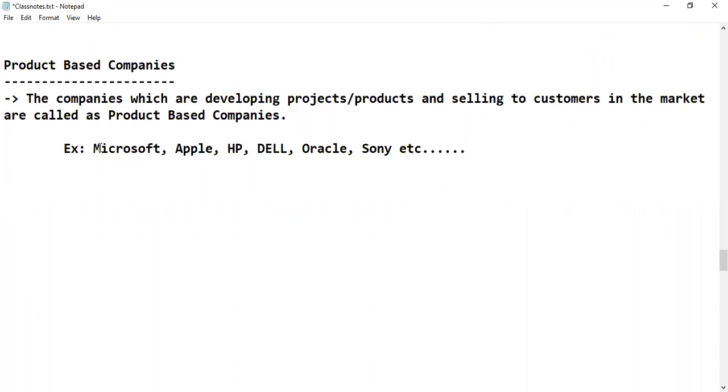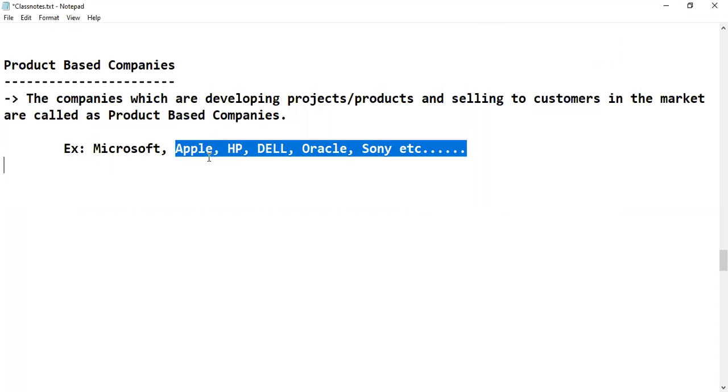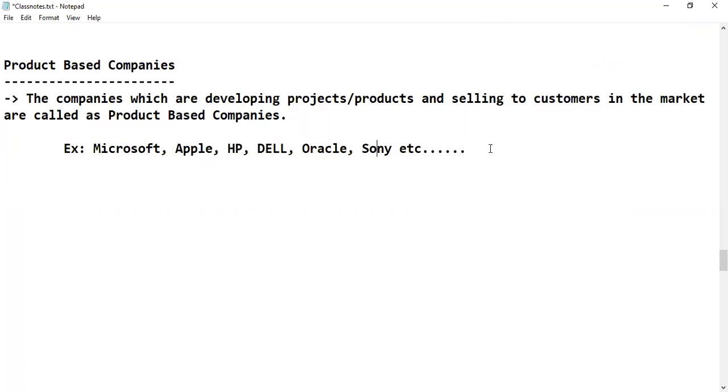So the Windows operating system is a Microsoft product. Now, Apple mobiles, Apple tabs, Apple computers, Apple earphones we are using. So there are so many products in the Apple company, and Apple develops those products and sells them in the market with their brand name.